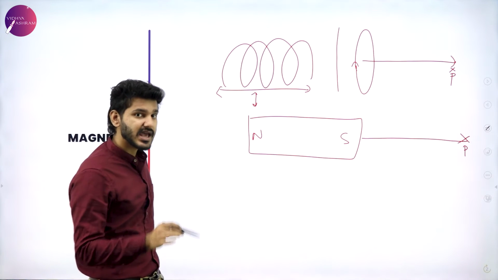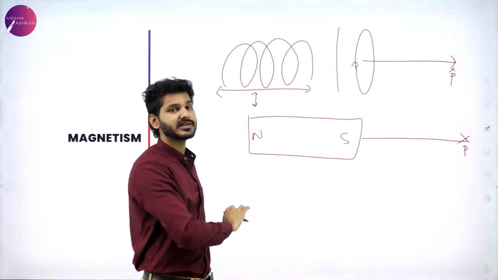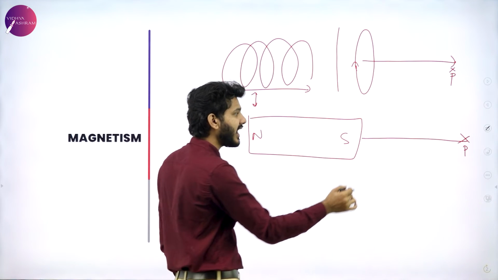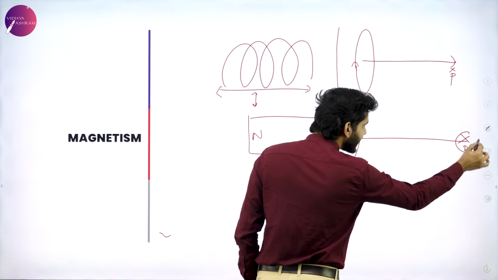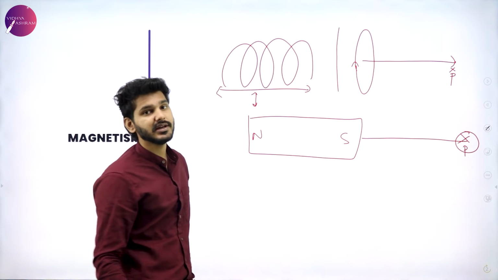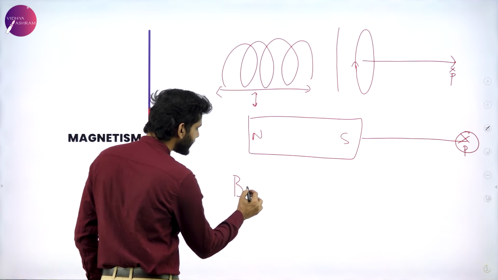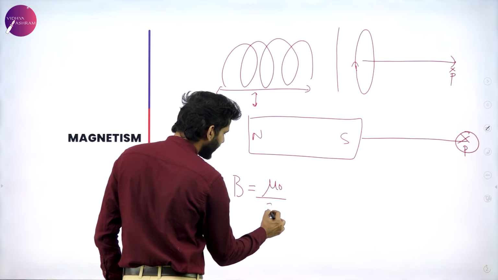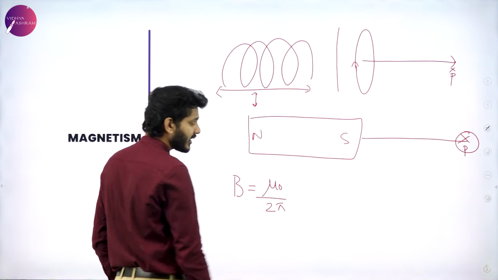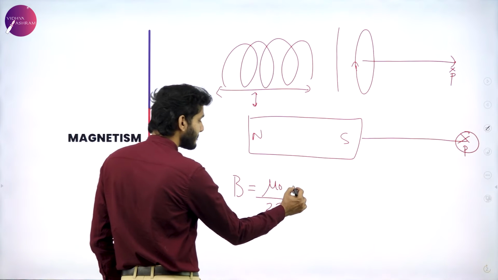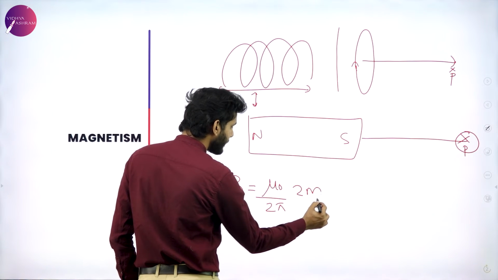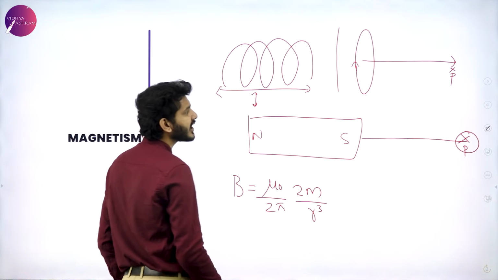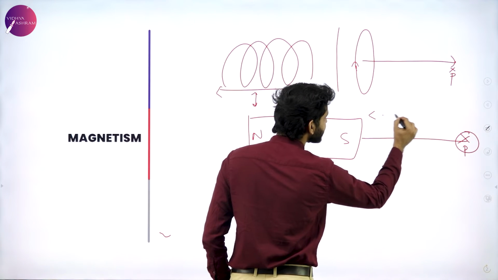This magnetic dipole will have the magnetic field along the axial point B equal to mu naught divided by 2 pi into 2m divided by r cube, r being the distance.